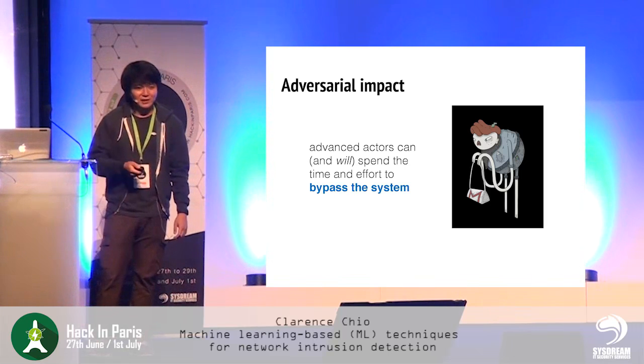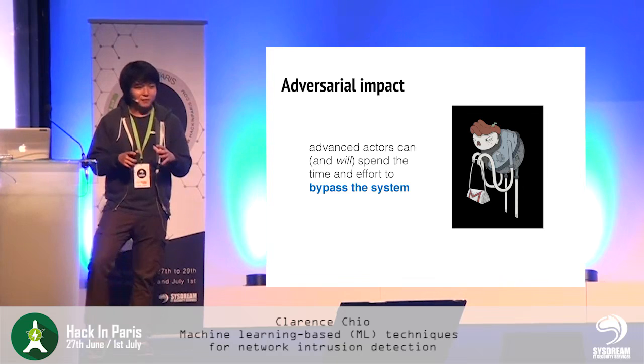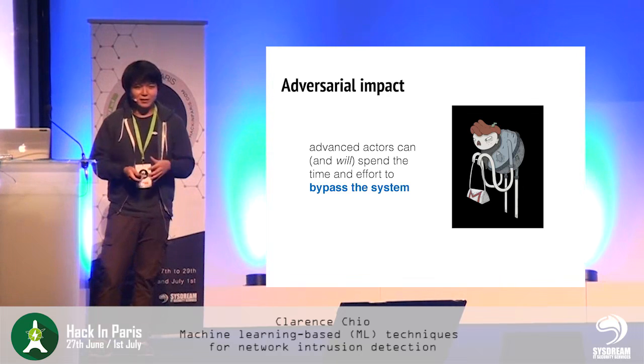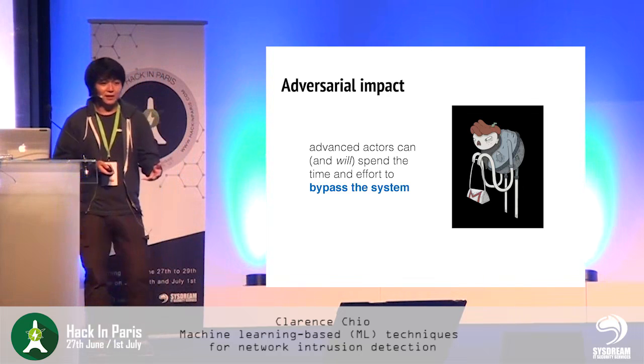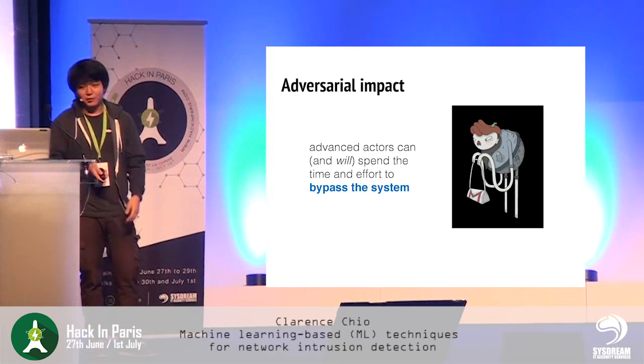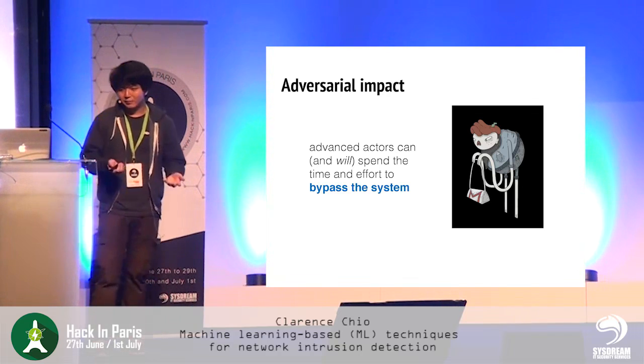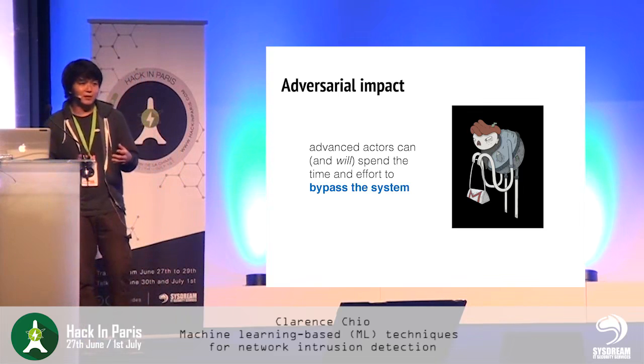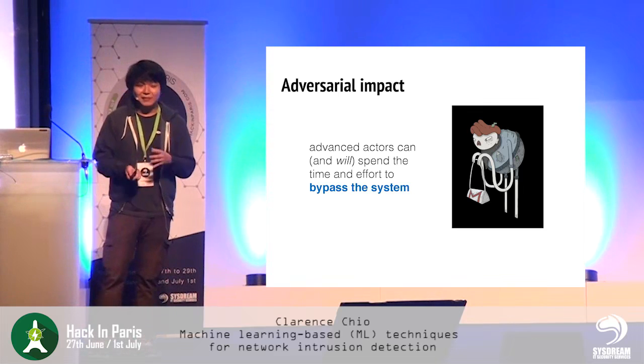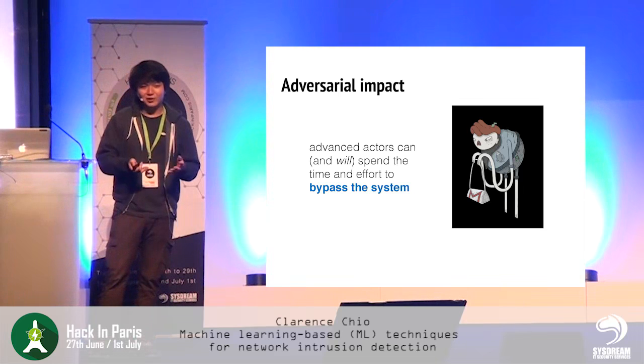If you can trick the system into thinking that this piece of software or this particular PDF doesn't contain malware, then you have successfully spread this piece of malware. If you can trick the system into thinking that your attack traffic looks like human traffic, and the system lets you through, then you have succeeded.